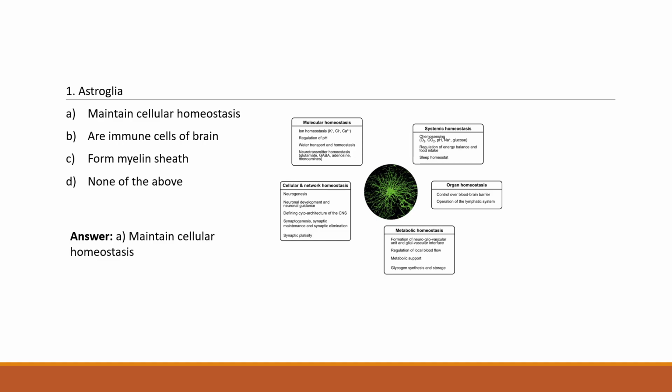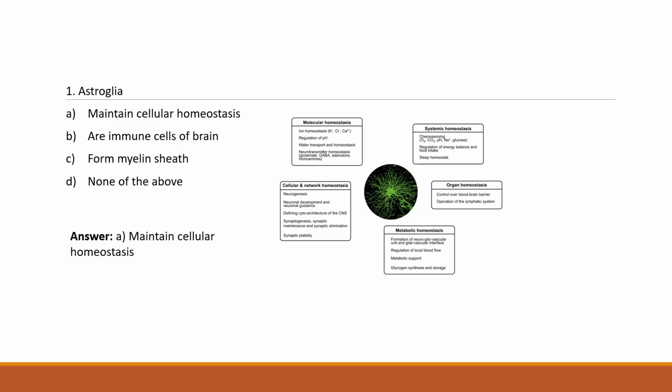So neurotransmitters like glutamate, GABA, adenosine, monoamines, all these also it will help in maintaining the homeostasis or the concentration of these neurotransmitters.